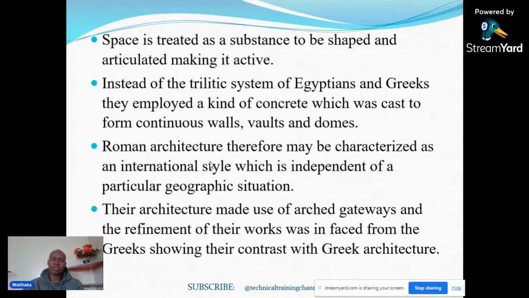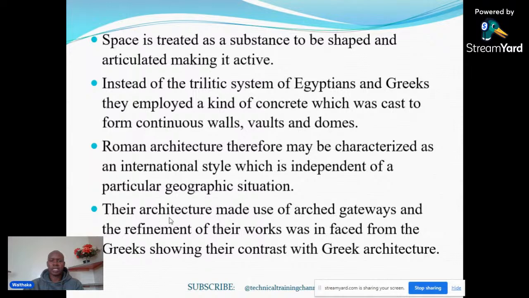We are also saying that Roman architecture, therefore, may be characterized as an international style, which is independent of particular geographic situations. Due to the invention of concrete, it took the aspect of an international style where people copied a lot from the Romans, especially in the utilization of concrete in the construction industry.